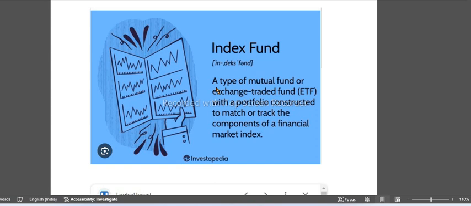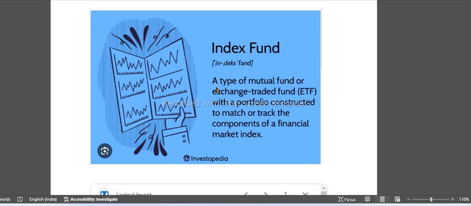ETF has the same benefits as an index mutual fund. The difference is, when you buy a mutual fund, you pay an expense ratio, but when you buy an index ETF, you do not pay an expense ratio.